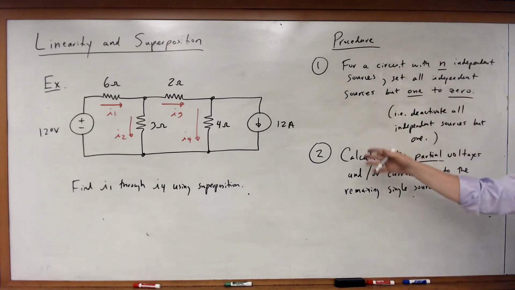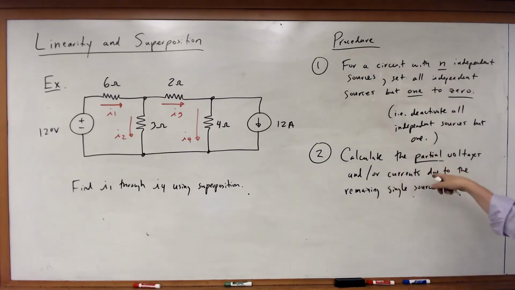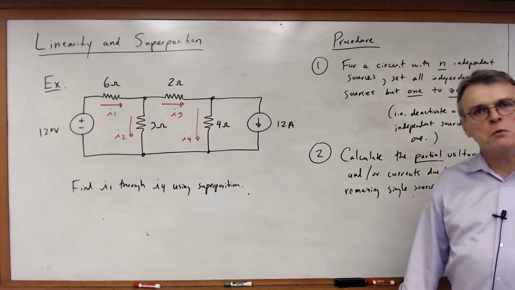So all of our sources get zeroed out but one, and now we solve and calculate the partial voltages and/or currents due to that single remaining source.